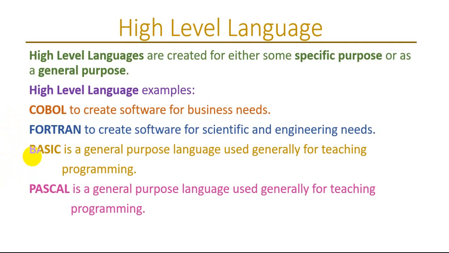But remember, using Pascal or BASIC, you can write a scientific program, a business program, or a game program. That is why these are called general purpose languages. Those things can be done, but they are mainly targeted at teaching people programming.